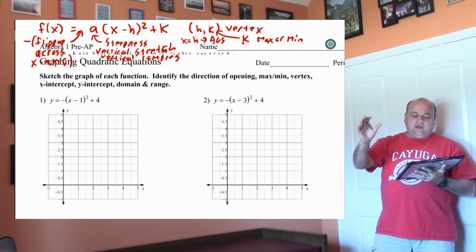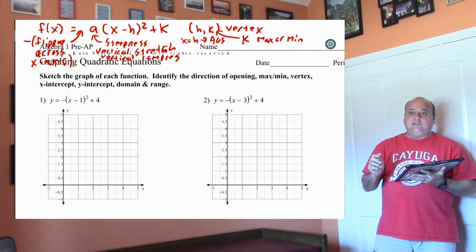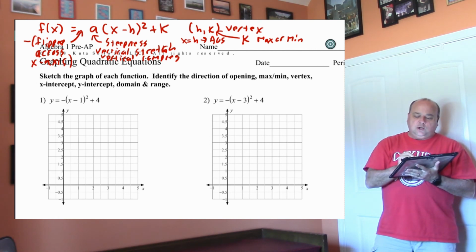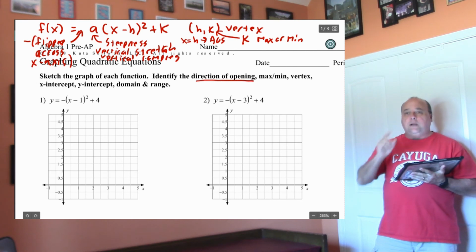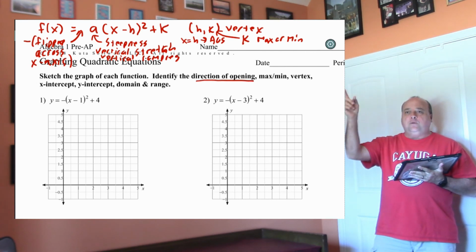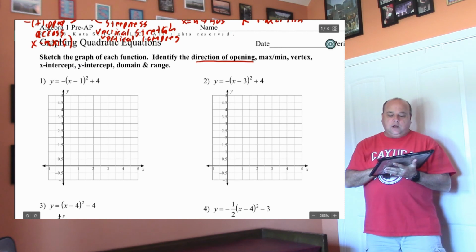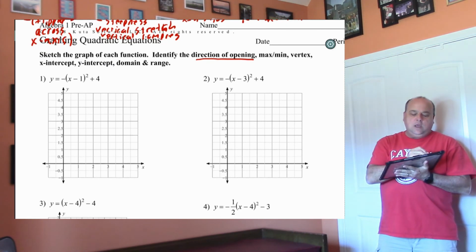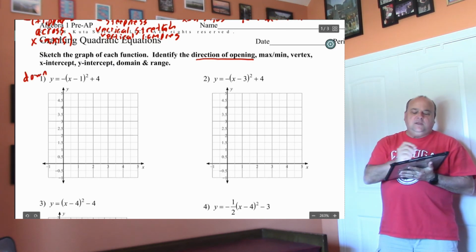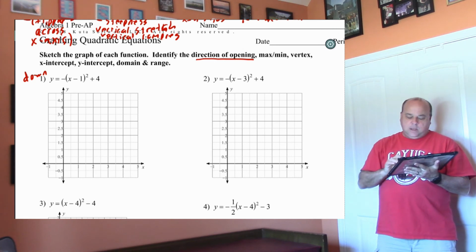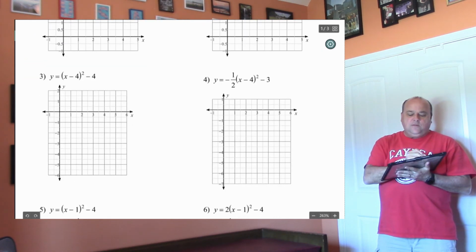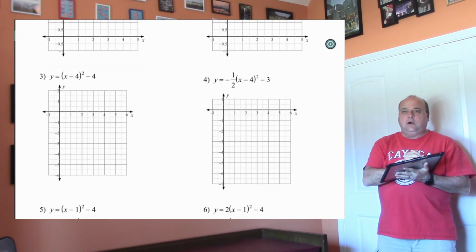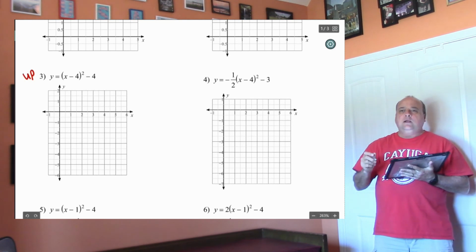So we're going to go through this, and we've got to identify a lot of stuff. The first thing we're going to do is identify the direction of the opening, by writing up or down. On number 1, there's a negative, so write down: this parabola will open down. On number 3, there's nothing in front of the parentheses, so it's positive, and we write up.